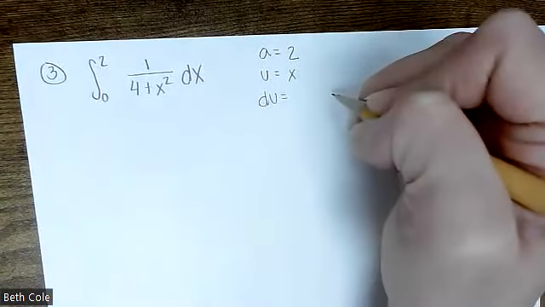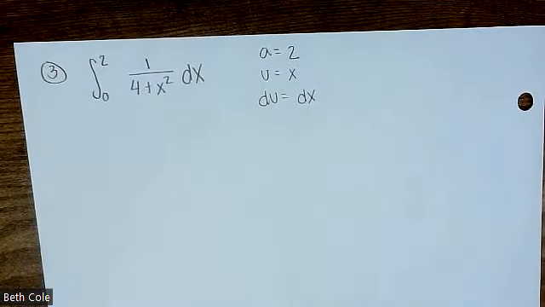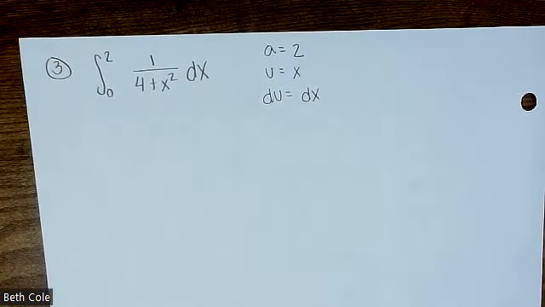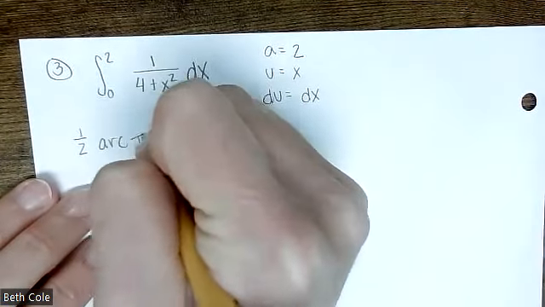And so du is just dx. There won't be an adjustment. I was trying to make this one more simple because we are gonna have to do the boundaries. So I will skip writing that middle step. It's gonna be 1 over A, so that's 1/2 arctangent.